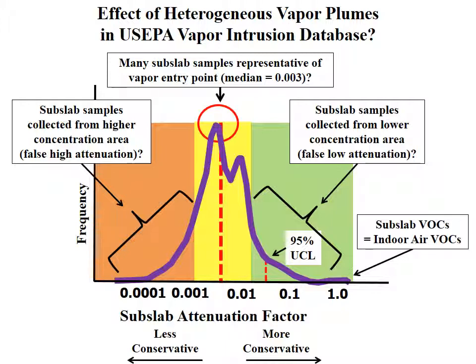This is probably the most reasonable interpretation of their attenuation factors: that the median attenuation factor might be real, but you can't trust the attenuation factors on the right-hand side or the left-hand side of the median. They're probably just artifacts of vapor plume heterogeneity. So as a whole, the database really isn't valid for use in screening in vapor intrusion investigations beyond the possibility of the median value. We discussed this in our paper.